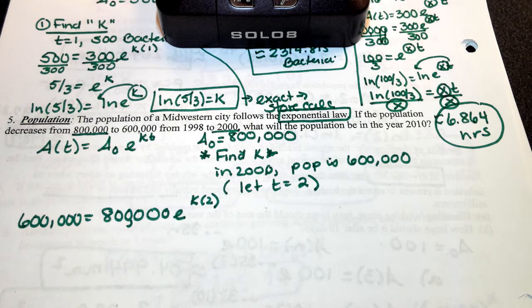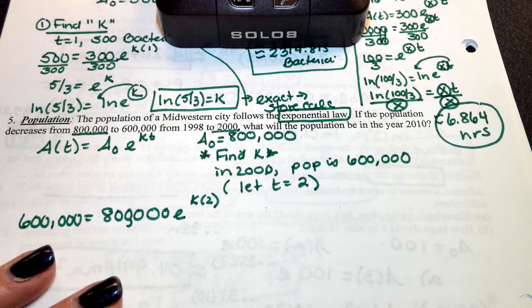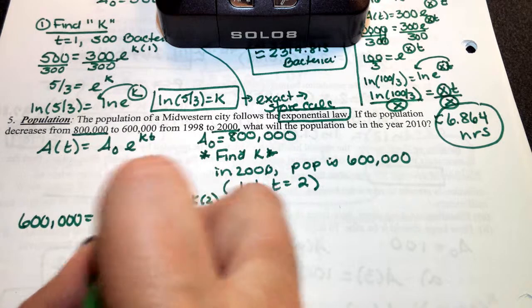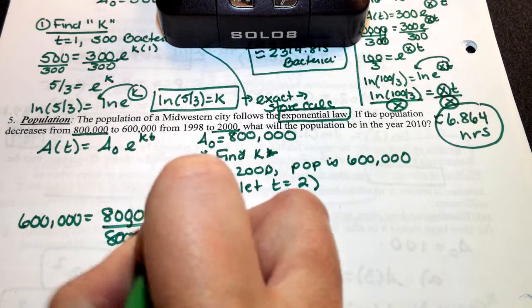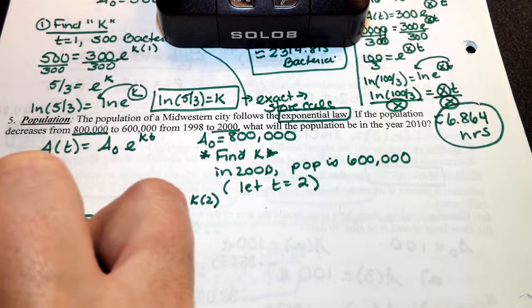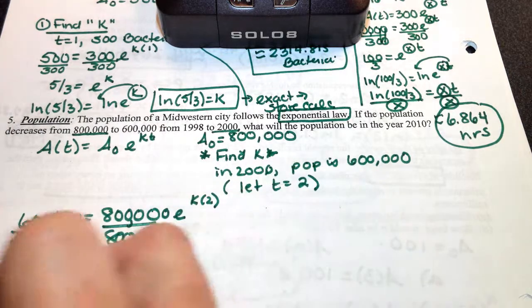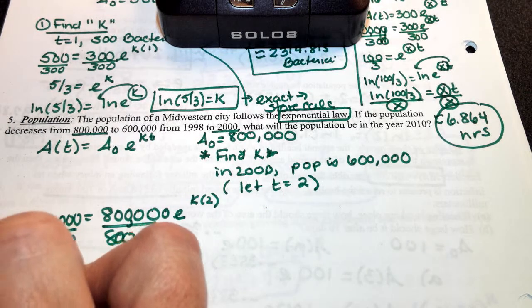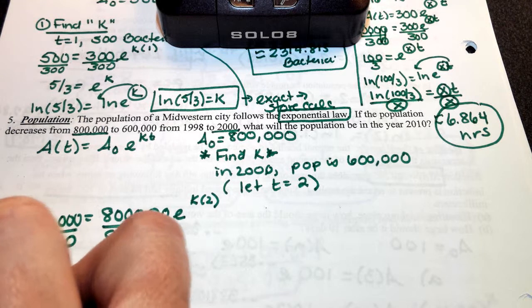So what's going to be the first step here? To solve for K, what's going to be the first step? Divide by 800,000. So 600,000 divided by 800,000, I can simplify this to 6 over 8 or 3 over 4.